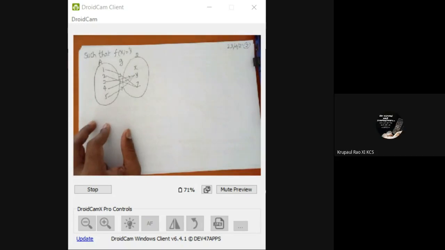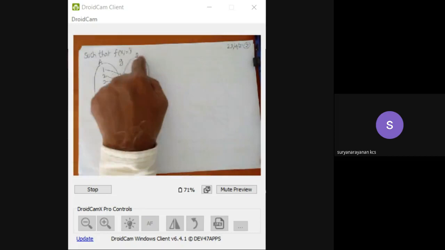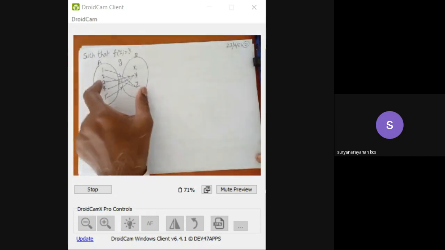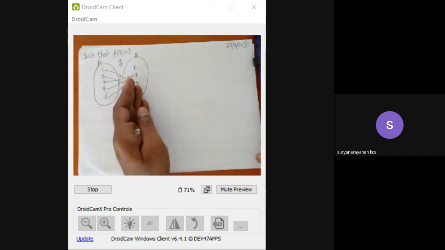Sir, not there, sir. Then what did you tell previously? Every element in this codomain has a pre-image. Yes, sir. Forgot it, sir. I'm not asking the definition from the textbook. Observe this arrow diagram and tell me the answer.